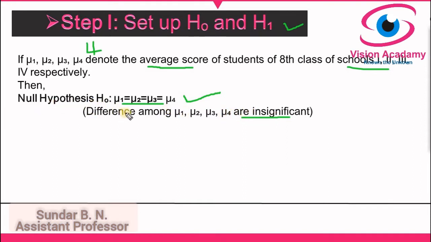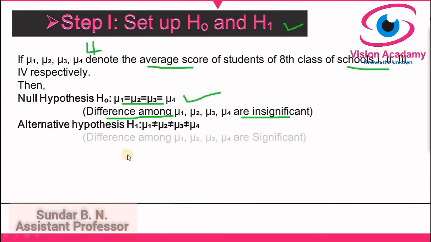Since the null hypothesis says the differences among mu1, mu2, mu3 and mu4 are not significant, the alternative hypothesis must be opposite to the null hypothesis. So my alternative hypothesis is mu1 not equal to mu2, not equal to mu3, not equal to mu4, which means the difference among the different schools is significant.